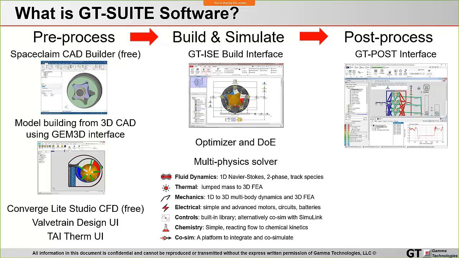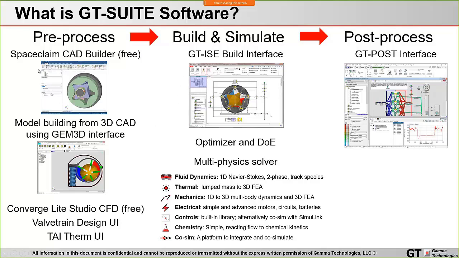And this is where the engineer will complete the model building process by adding things like boundary conditions and adding different components from our template library, and even adding things like controls to develop a control strategy around the physical model.